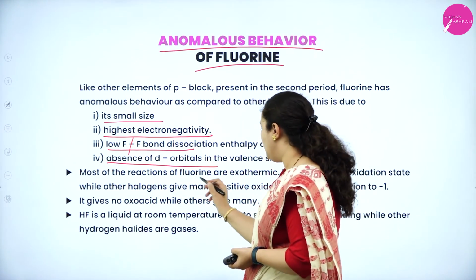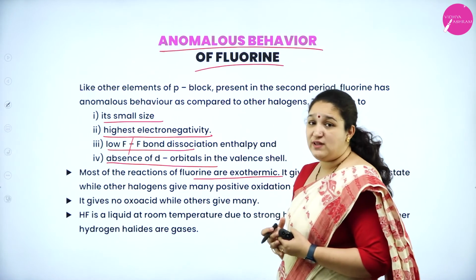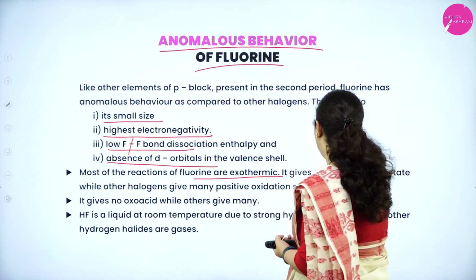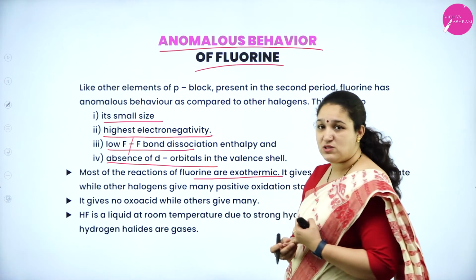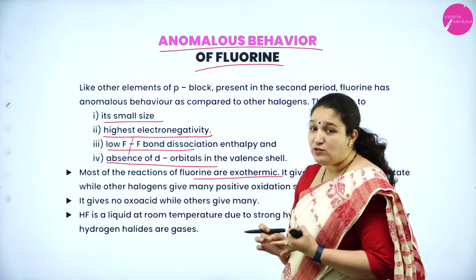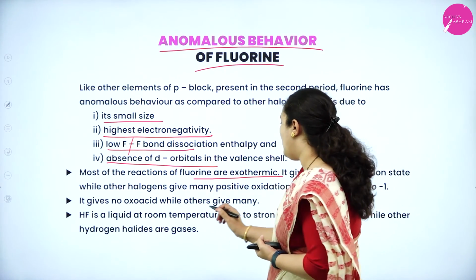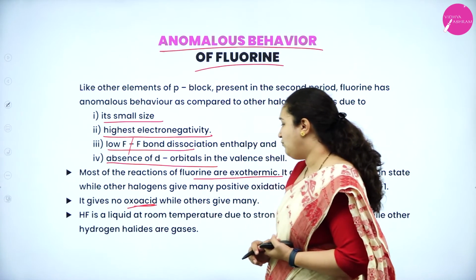Now, which are the anomalous properties shown by fluorine? Most of the reactions of fluorine are exothermic reactions. Also, fluorine gives only -1 oxidation state. It will not form oxo acids very easily, so we do not have oxo acids of fluorine.